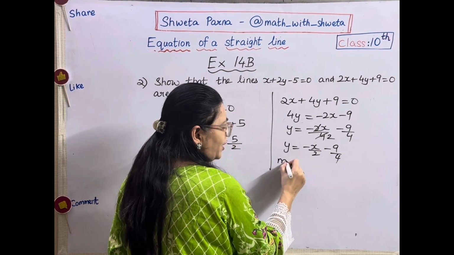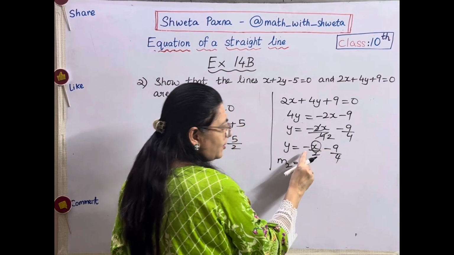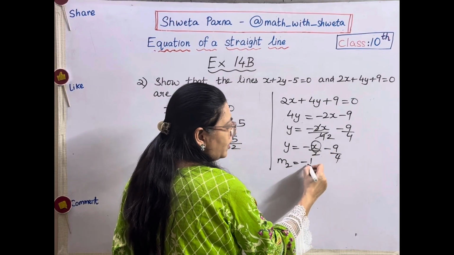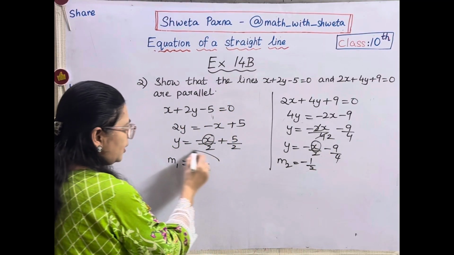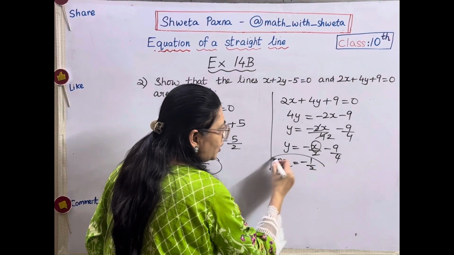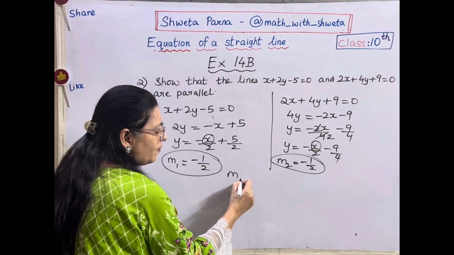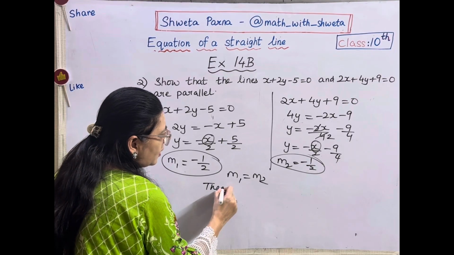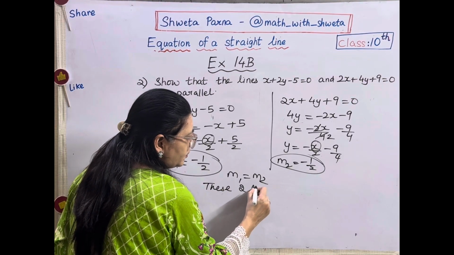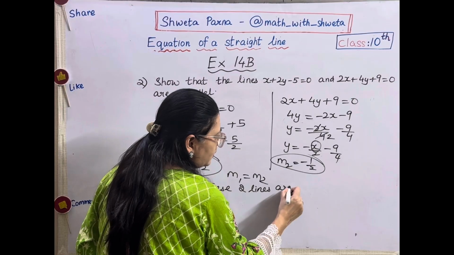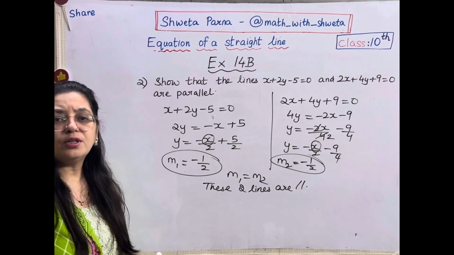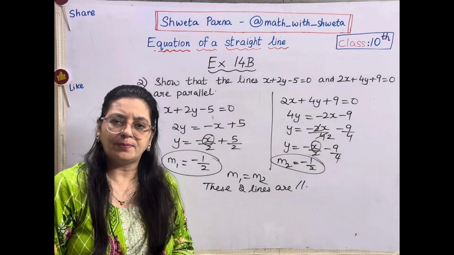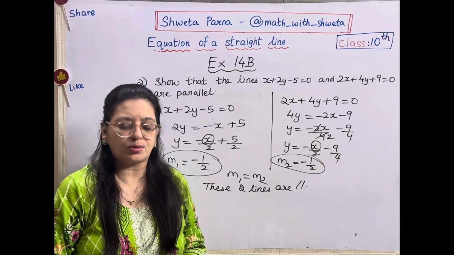So what is M2? This is x. So M would be -1 upon 2. Now see here, M1 is equal to M2. Correct? That means these two lines are parallel. This is the condition for showing that these two lines are parallel. Okay, come on, let's go to the next one.